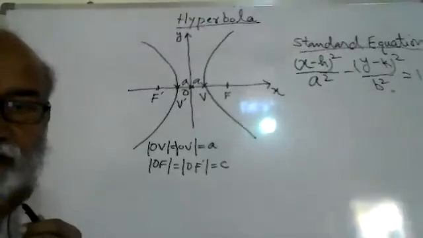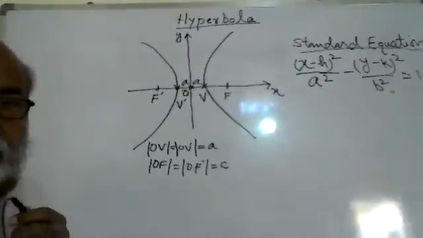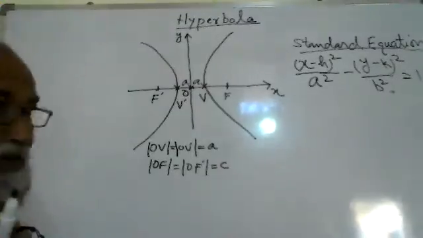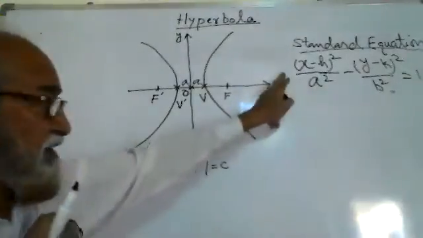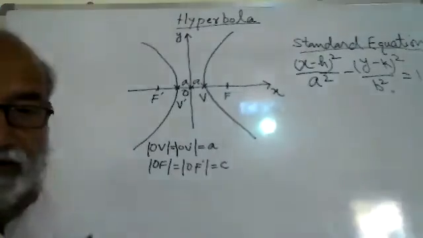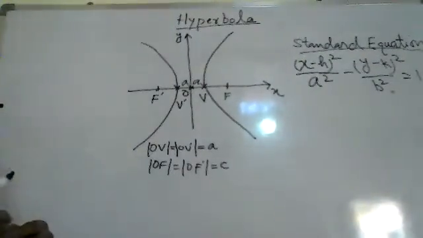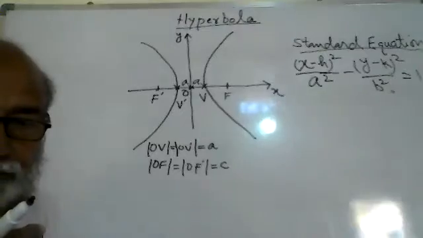Note the minus sign in between them. In the ellipse, both were plus signs, this one and this one. But here, there is a minus sign in between them. In hyperbola, there is a minus sign in between them.